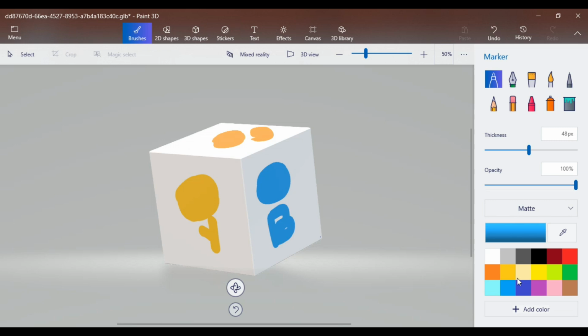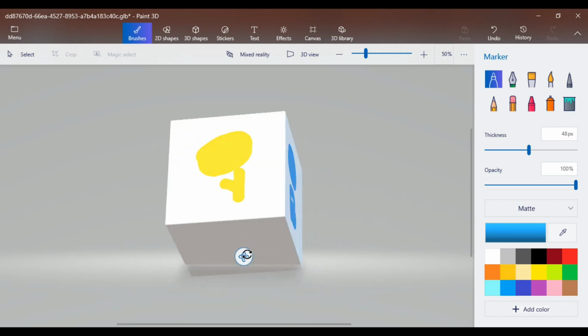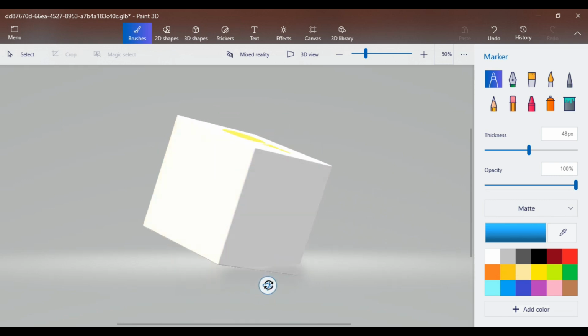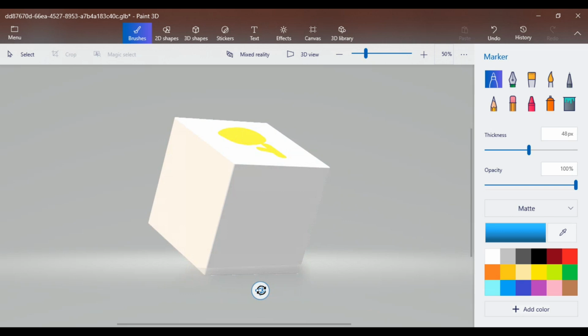Okay. Indigo, green and yellow are on another adjacent side. So yellow has to come here. Here also they have given yellow, right? So let us take this cube like this. Indigo, green and yellow are on another adjacent side.